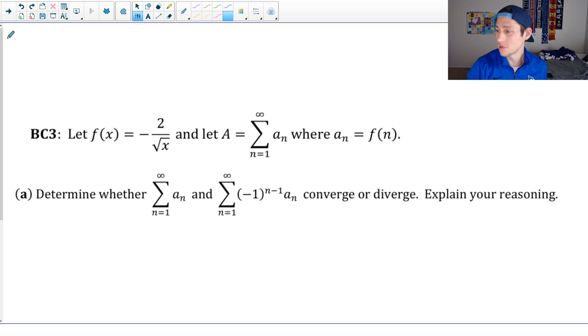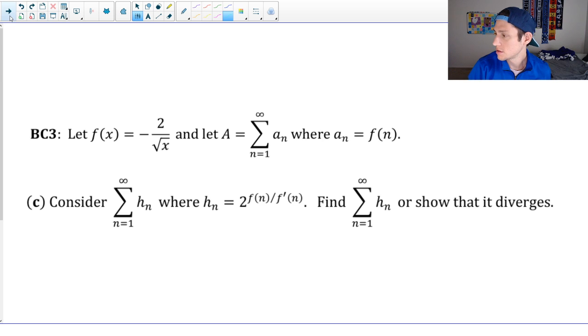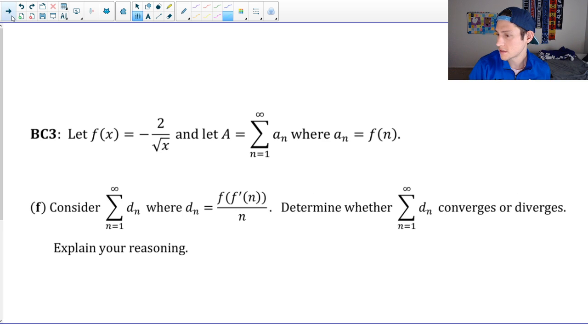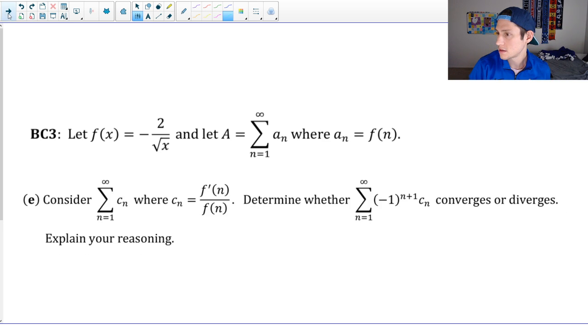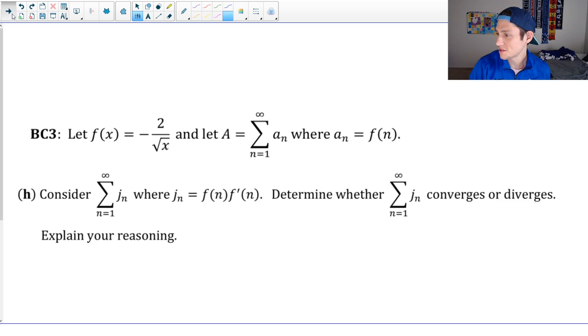Converge and diverge. Every one of these questions, part A, converge or diverge. Show that it diverges. Or determine if it converges or diverges.